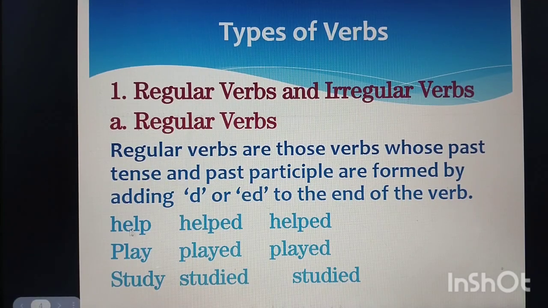Help is verb 1, helped is verb 2, which is also called the past tense, and helped again is called the past participle. Play, played, played. Study, studied, studied. So this is the form of regular verbs, where you add d or ed to the end of the verb.